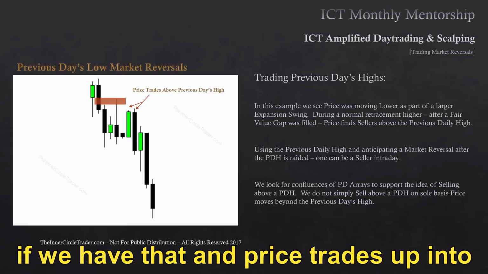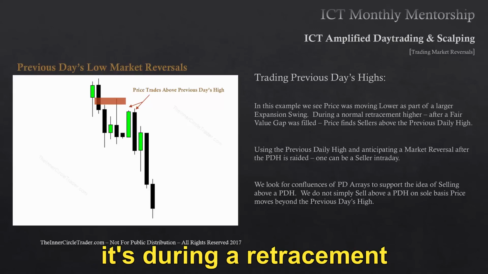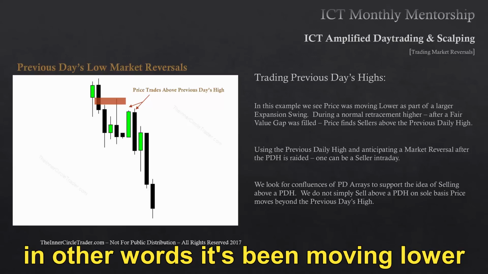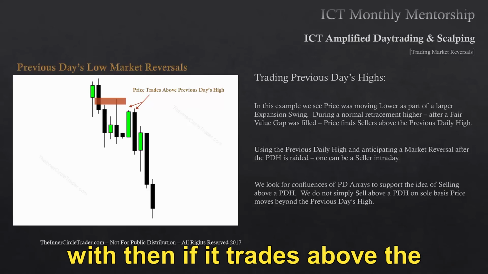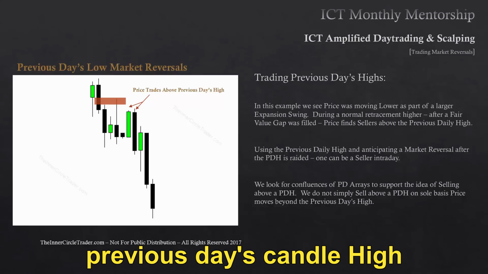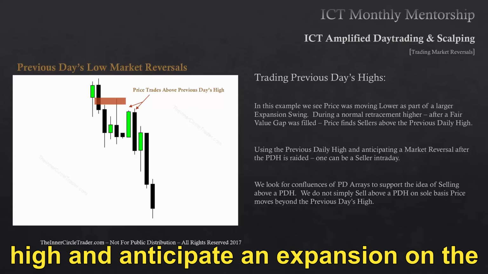If we have that and price trades up into a premium array and it's during a retracement, in other words, it's been moving lower and now we're having a little bit of a retracement or a bounce up, once it goes to a premium array, that's what you couple it with. Then if it trades above the previous day's candle high, you could be a seller right above that high and anticipate an expansion on the downside.